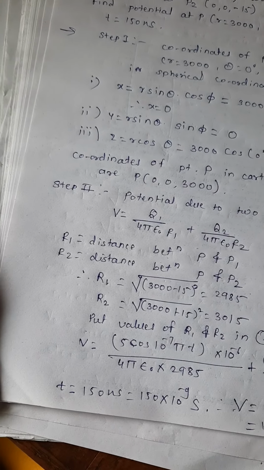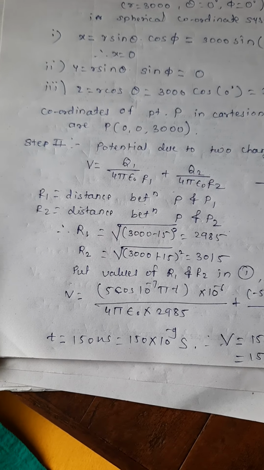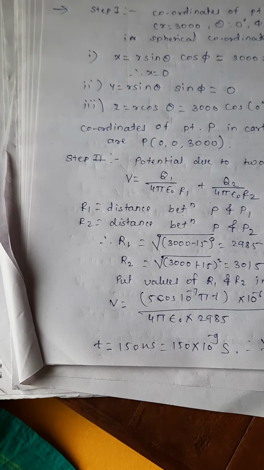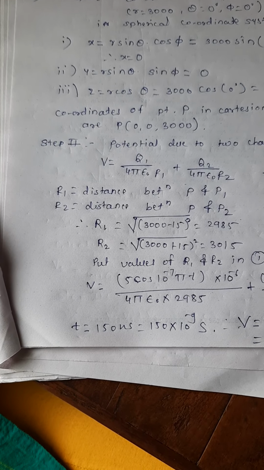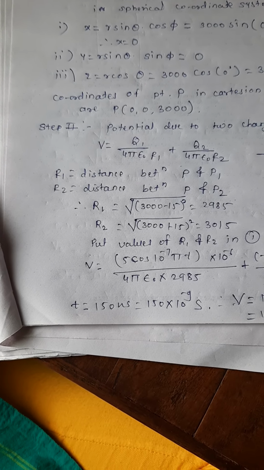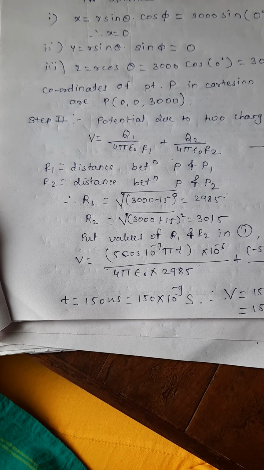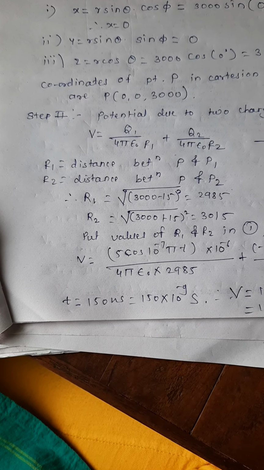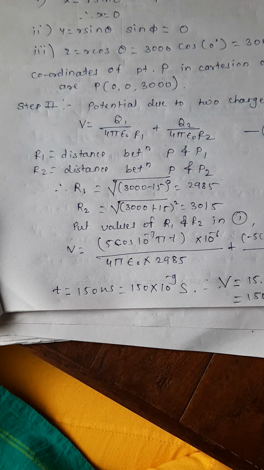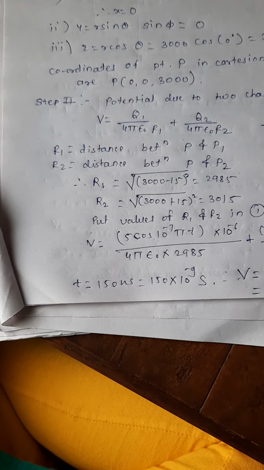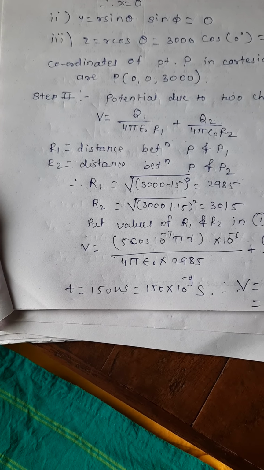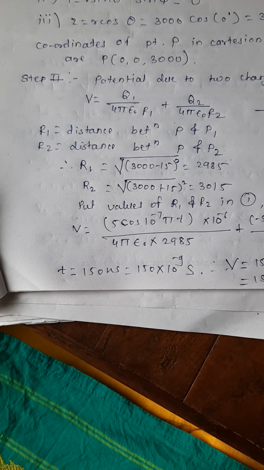So in this way the potential at point P is calculated. First the coordinates of P are given in the spherical form. We have to convert it into the Cartesian form. So first step is conversion, and second step is substituting the values.